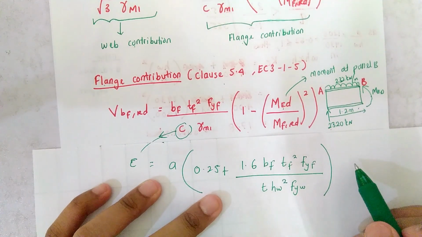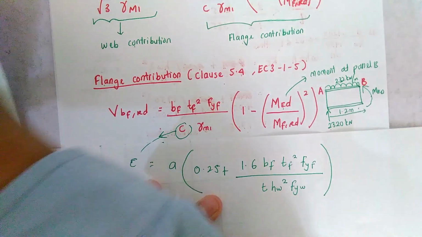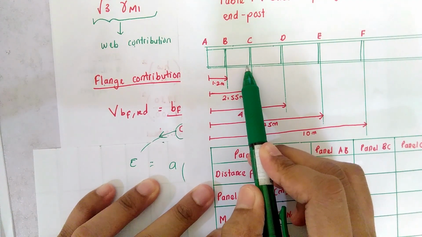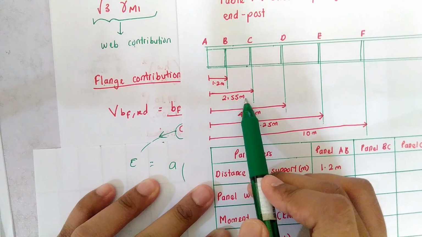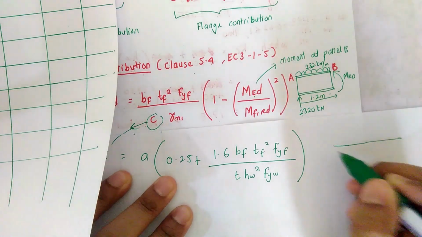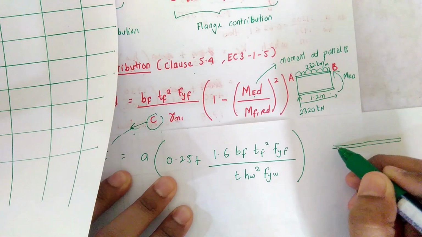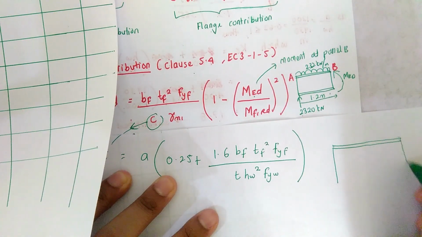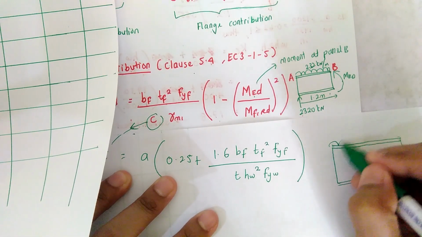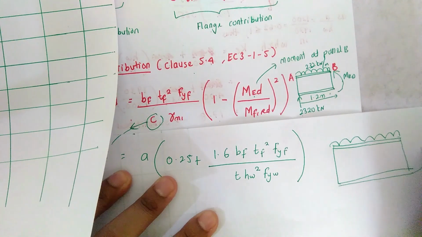Maybe you will ask, how about if you are calculating for panel BC? If you are calculating for panel BC, the length is 2.55 meters. So in that particular case, your cutting section must be longer. If this is your load, then you have MED.